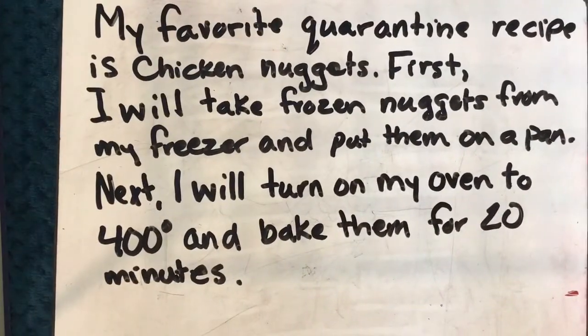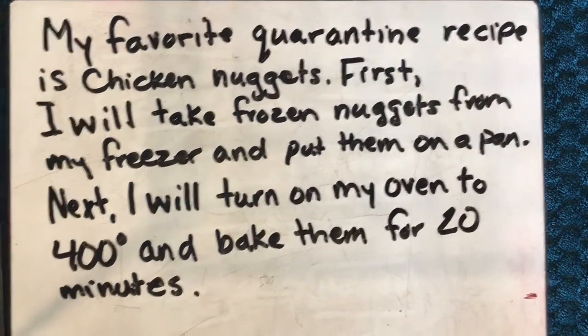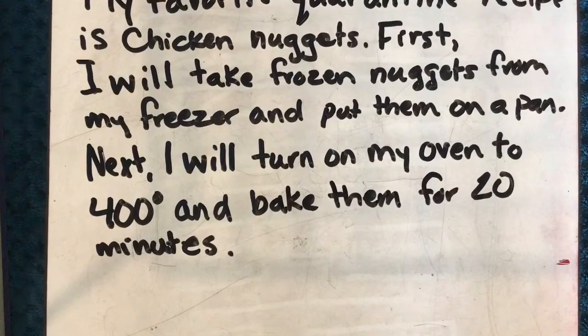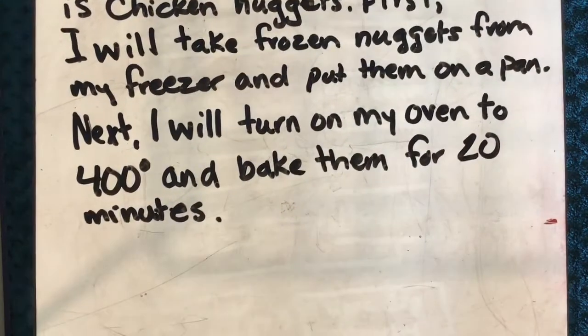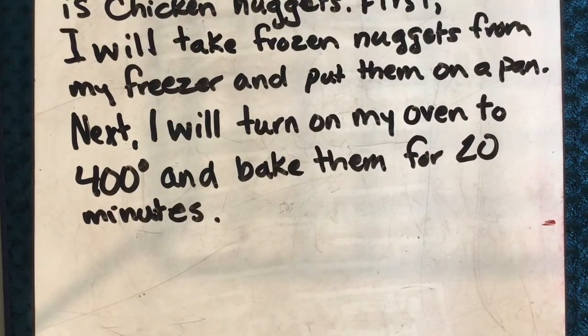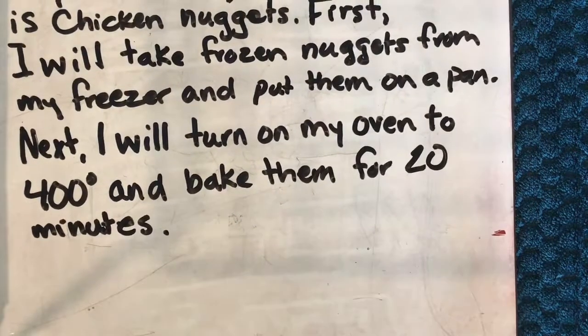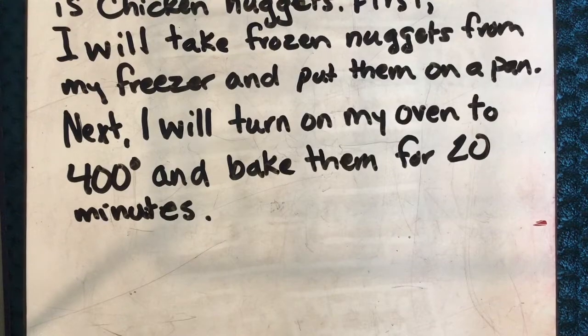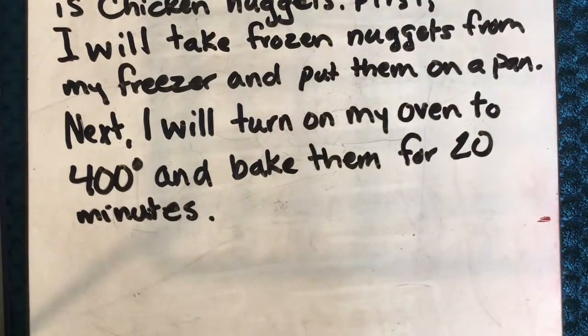First, I will take frozen nuggets from my freezer and put them on a pan. Next, I will turn on my oven to 400 degrees and bake them for 20 minutes. Okay, I'm going on to making dip and serving when they're crunchy. I could say it like this.